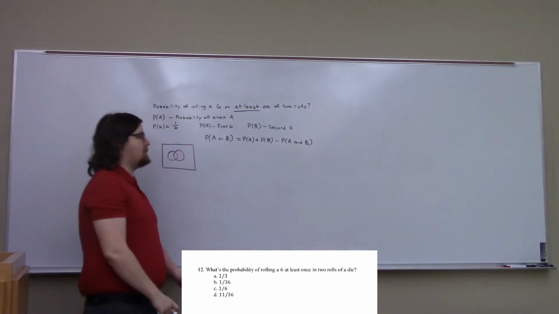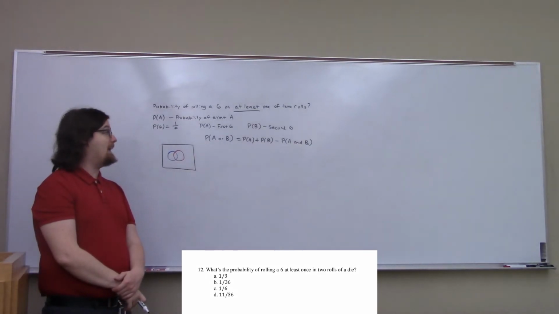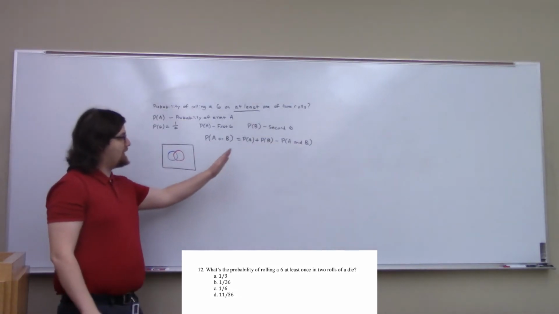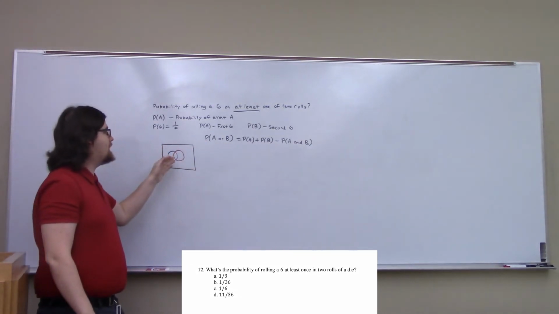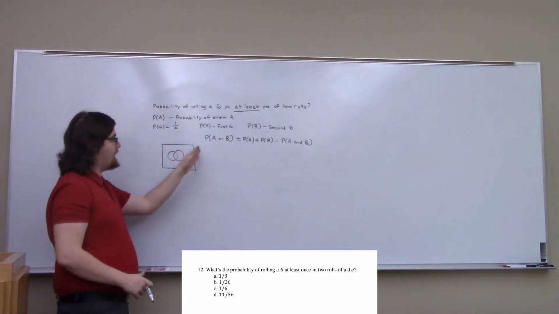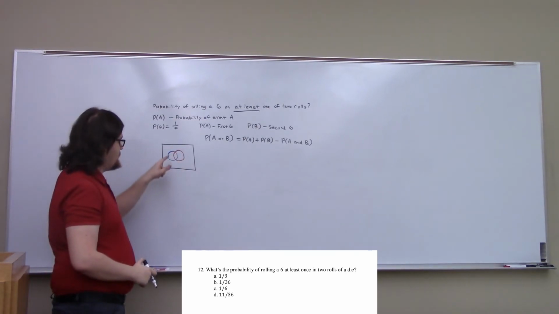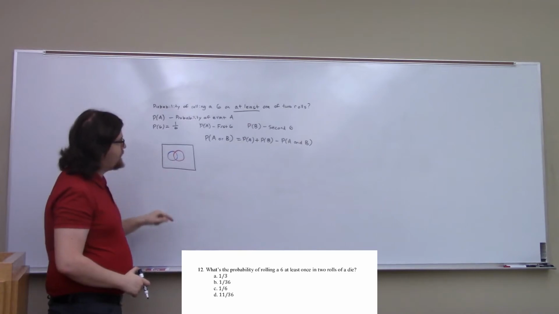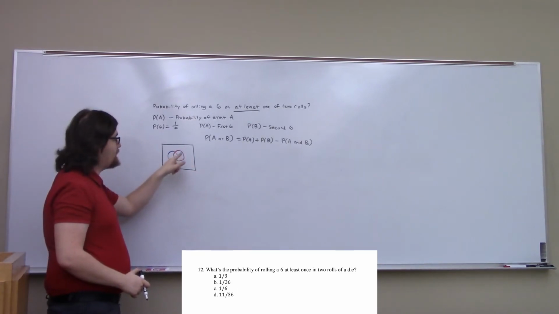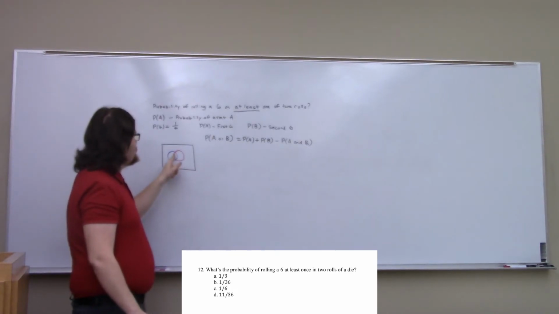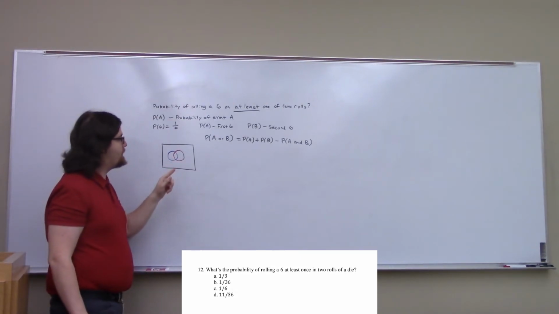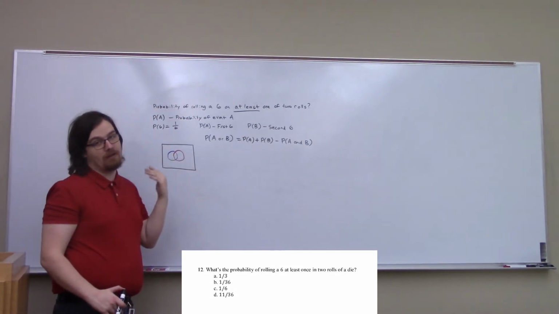Now you might be asking, what's the probability of A and B? This is easier explained with the Venn diagram. The probability of A or B is simply the total area represented by these 2 circles. The probability of A is the area of the blue circle, the probability of B is the area of the red circle, and here we have an overlap that's counted twice, so we subtract that overlap so it's only counted once.